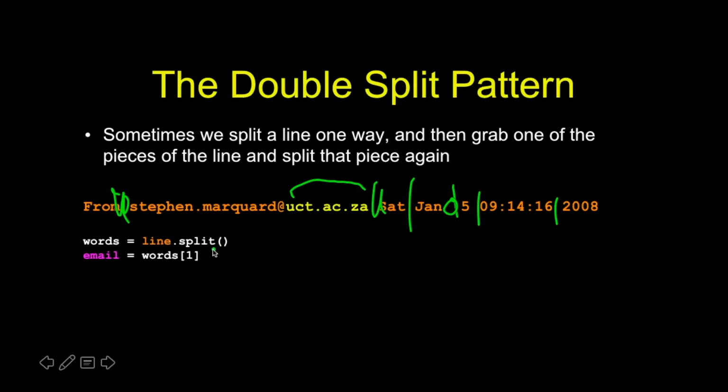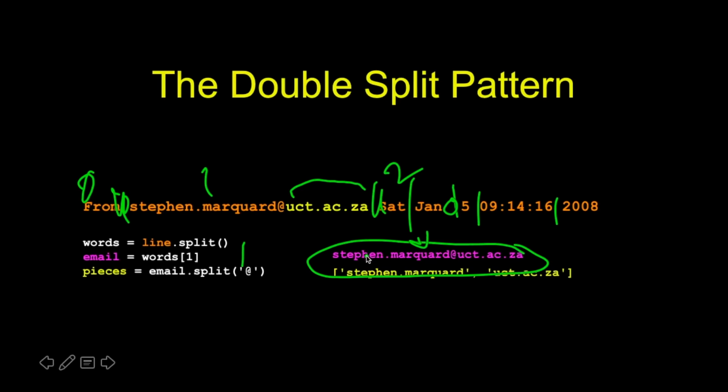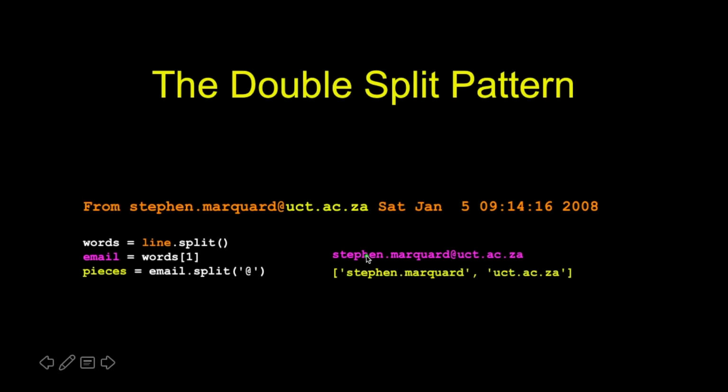And then words sub 0, 1, 2. Words sub 1 is this email address, so we'll put that in a variable called email. And so email will be a string that's just this. In 2 lines, we've pulled out this second address into a variable. Then what we're going to do is re-split that. We're going to take this string we've got and split it based on the @ sign because we know it's an email address.